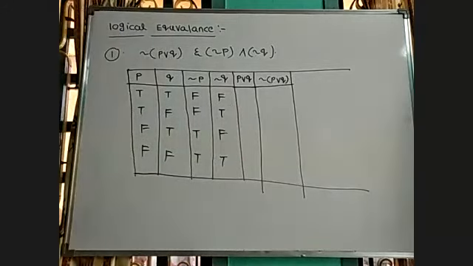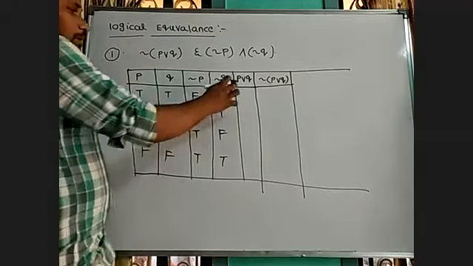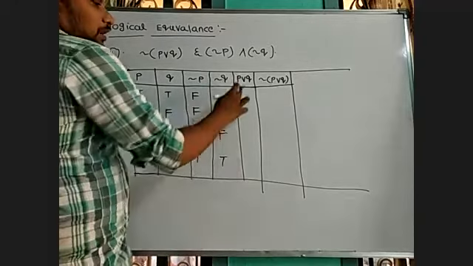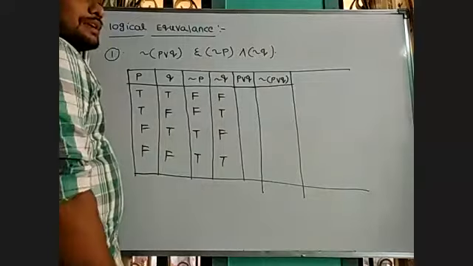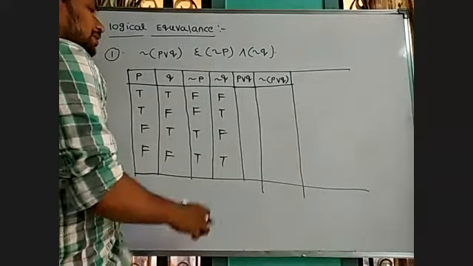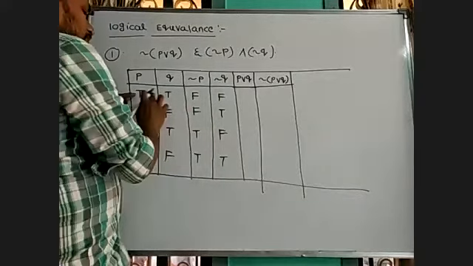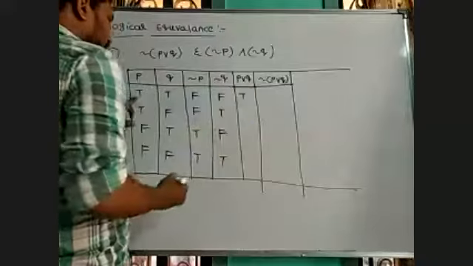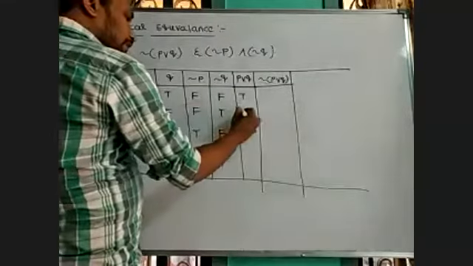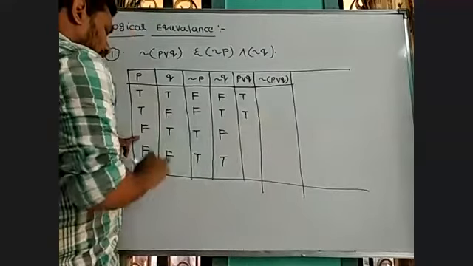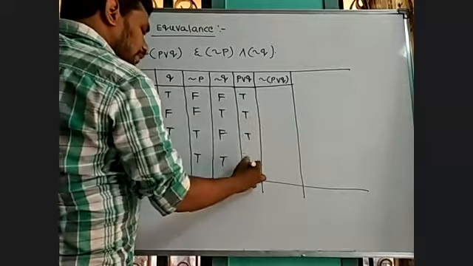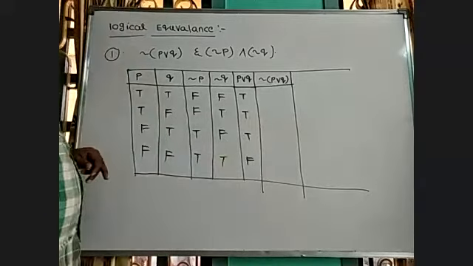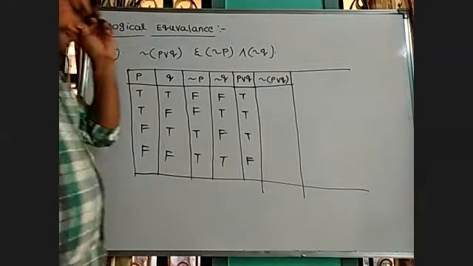Next, P disjunction Q. It is disjunction, not conjunction. True true gives true. True false gives true. False true gives true. False false gives false.